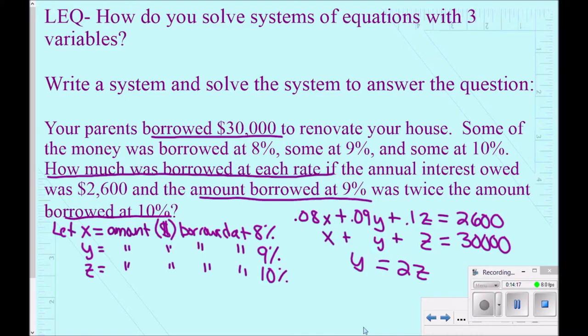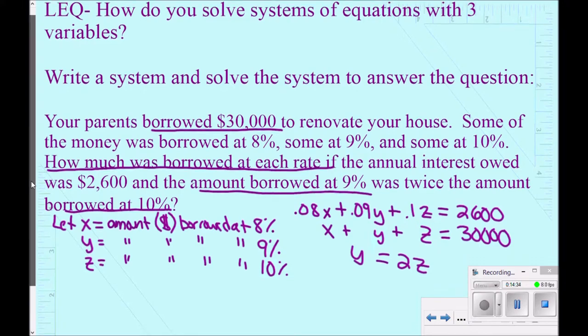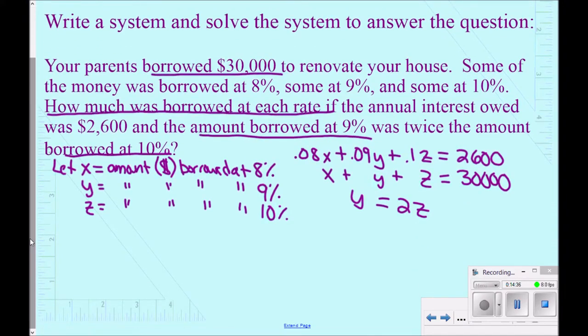So if I'm eliminating the x, first of all, I want to get rid of these decimals. So we talked about that a week or so ago, how we get rid of the decimals that are currently showing in hundredths place. We're going to multiply by 100. So if I multiply 100 times this first equation, let's see what we're going to get here.